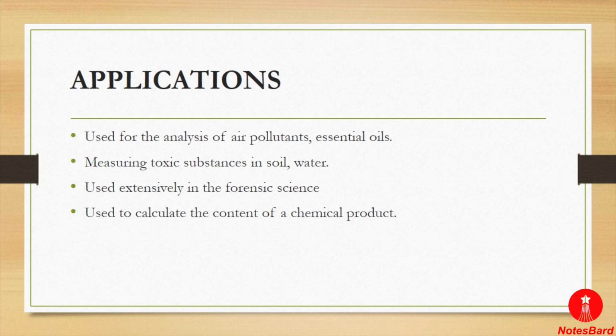Another application is calculating the content of chemical products in different labs. Gas chromatography is very accurate if used properly, and there are very low chances of wrong results with this method, and that's why it is widely used in the industrial field as well as in laboratories.